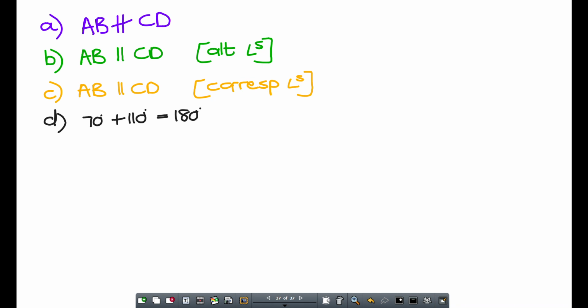So therefore, AB would be parallel to CD because they were co-interior angles. Yes, those two angles are supplementary, so therefore co-interior. Okay, you guys good?